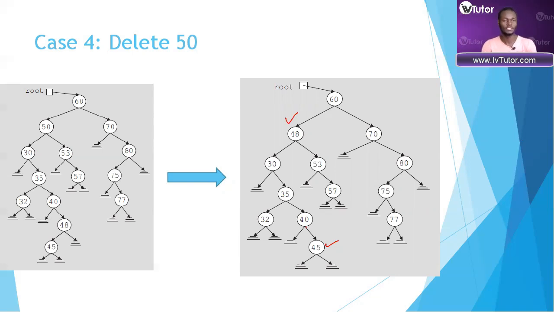Or in this case, if we are doing case 3, we are simply saying go left, find the rightmost node, swap that with 50, then apply case 3, and that's it. That is how you delete a node in a binary search tree. And if you do it that way, you maintain the rules of your binary search tree. So that is one thing you also have to practice in case you get questions on deletions.